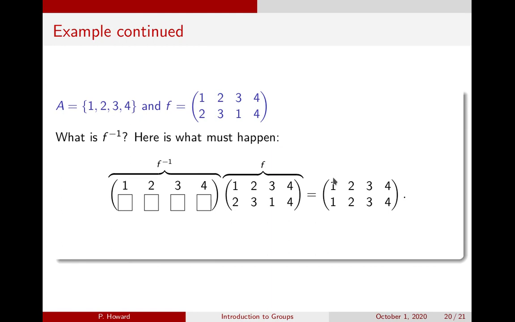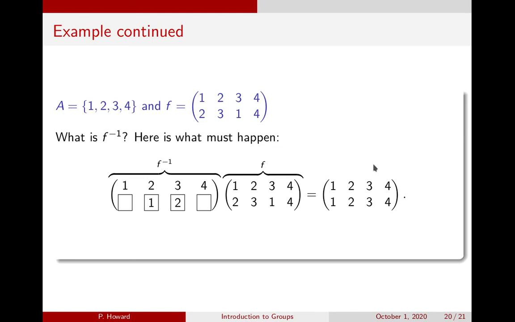Composing these two functions, 1 has to be sent to 1. F sends 1 to 2, so if the net effect is going to be that 1 is sent to 1, F inverse will have to send 2 to 1. The composition has to send 2 to 2. F sends 2 to 3, so F inverse is going to have to send 3 back to 2.